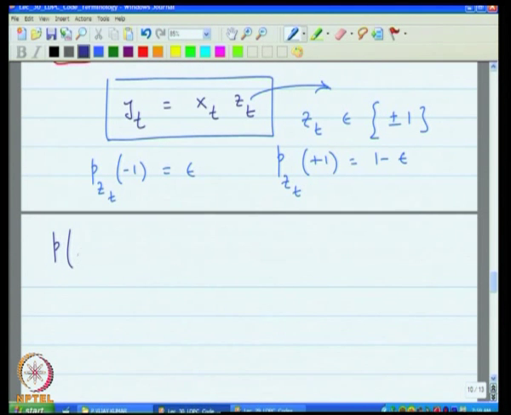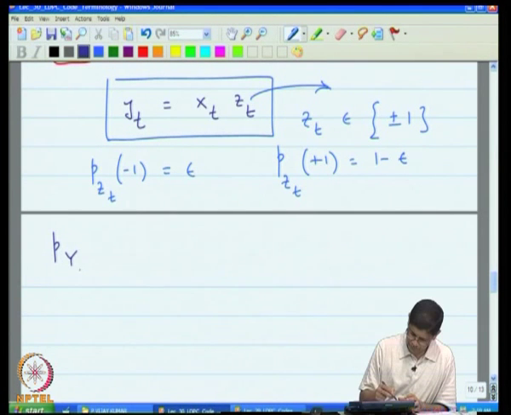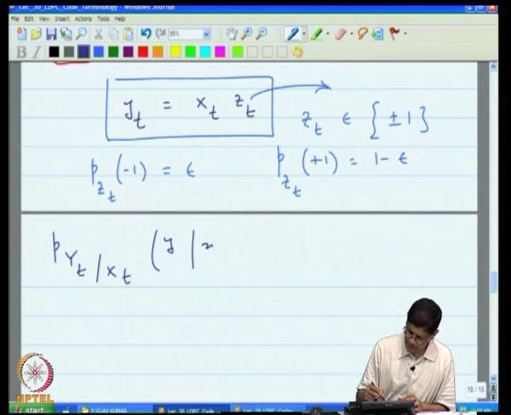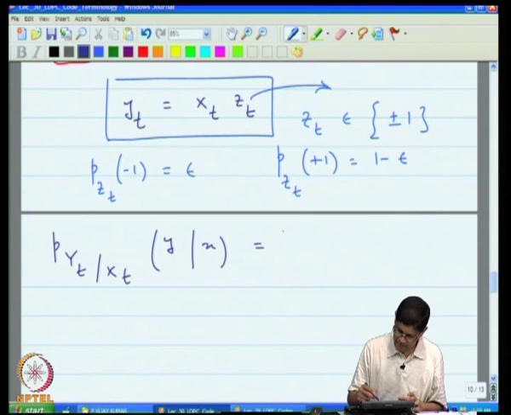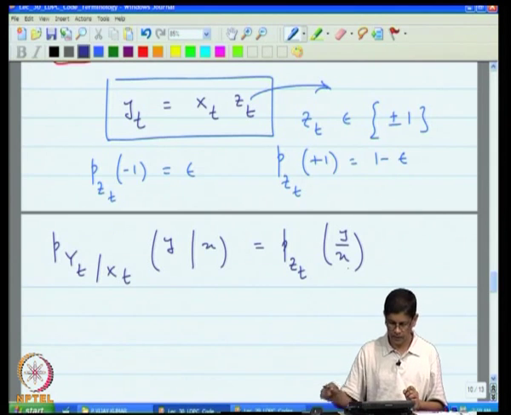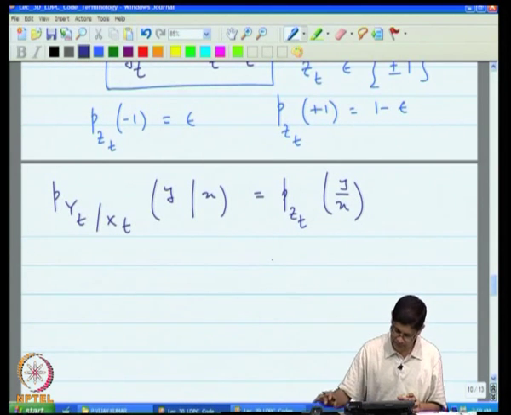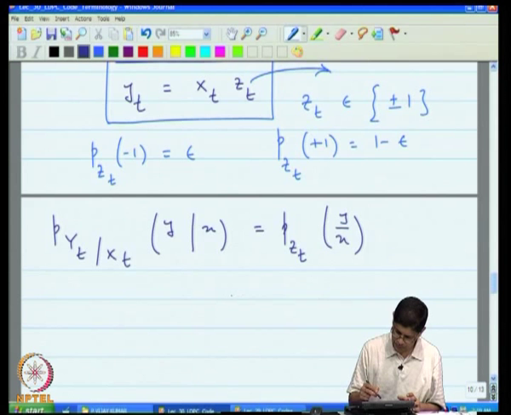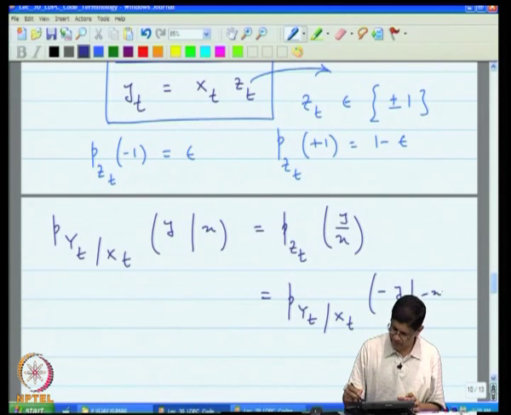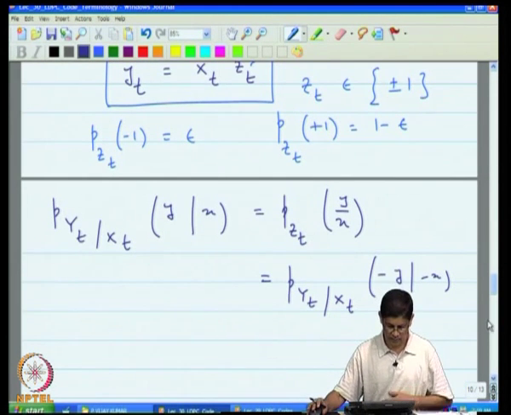P of y t given x t of y given x is again P of z t of y by x, okay, which is equal to P of y t given x t of minus y given minus x for exactly the same reasons as before.